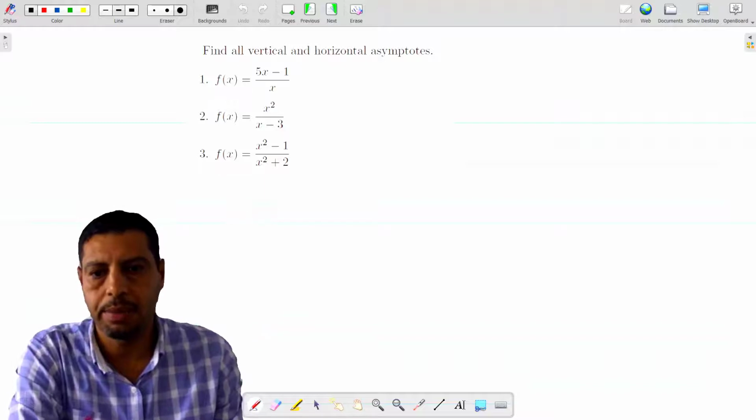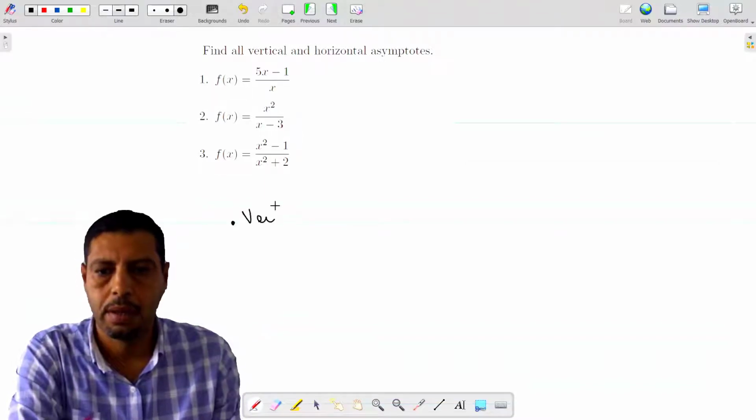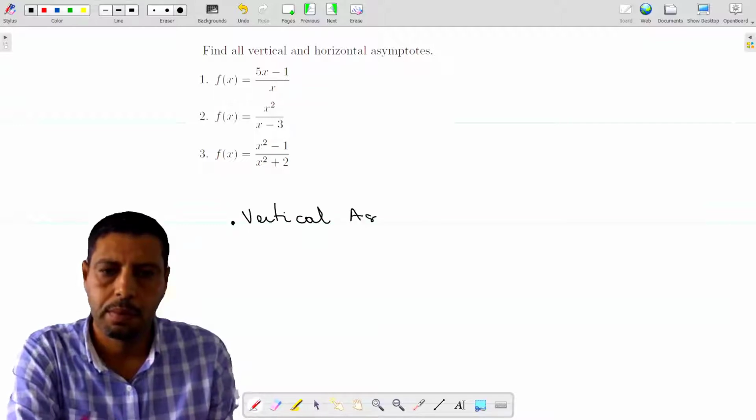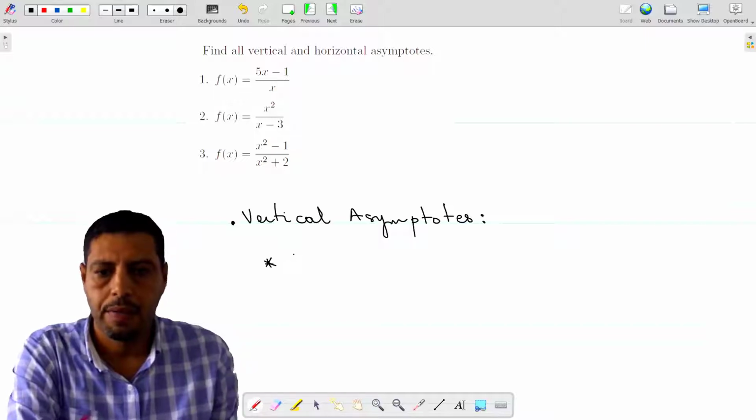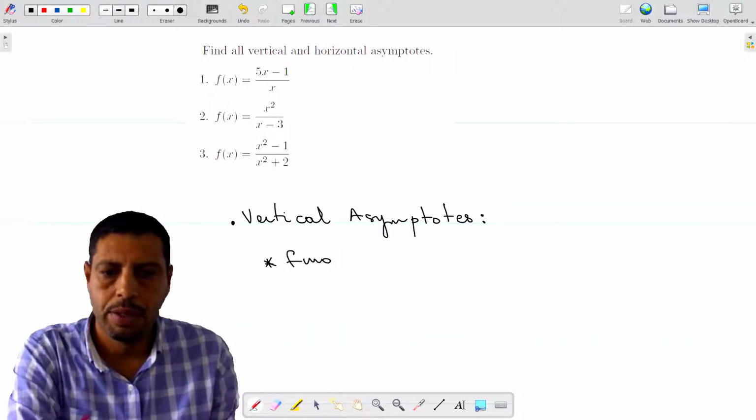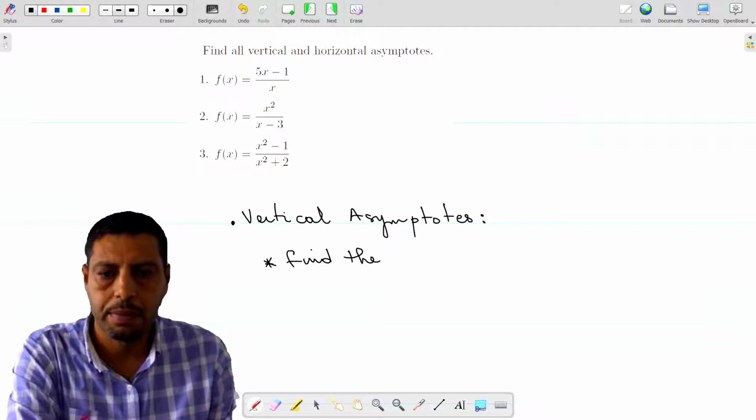Let's start with vertical asymptotes. First of all, you have to identify the points where the function is not defined. Okay, so first of all, find the domain of your function.